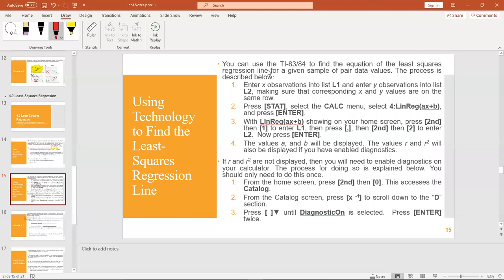In this slide here, you can read this over. I'm actually going to show this to you on the actual calculator in just a moment, but this slide gives you step-by-step instructions on how to do this.